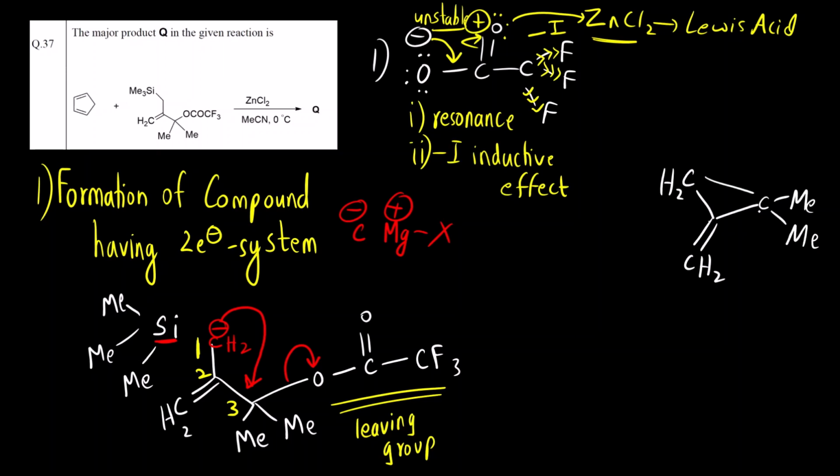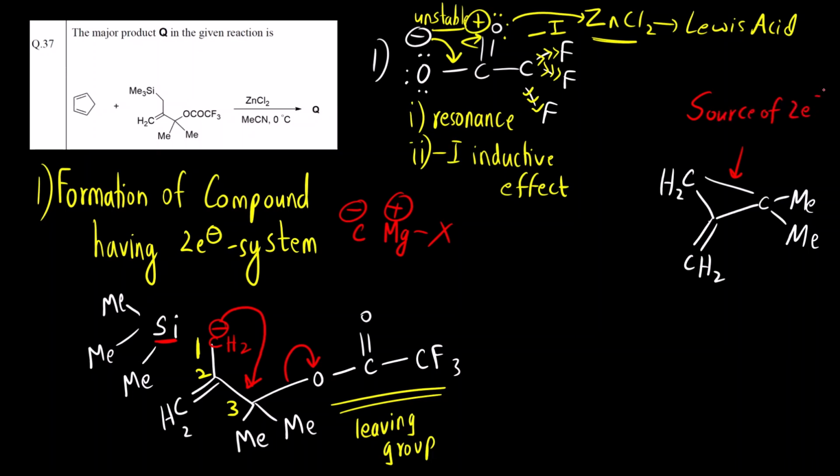So this is the compound that we have got. Now, in the normal Diels-Alder reaction, it is a double bond that reacts. But in this case, because of the ring strain of the 3-membered ring, this single bond or sigma bond is going to break. So this sigma bond is going to be the source of 2 electrons.